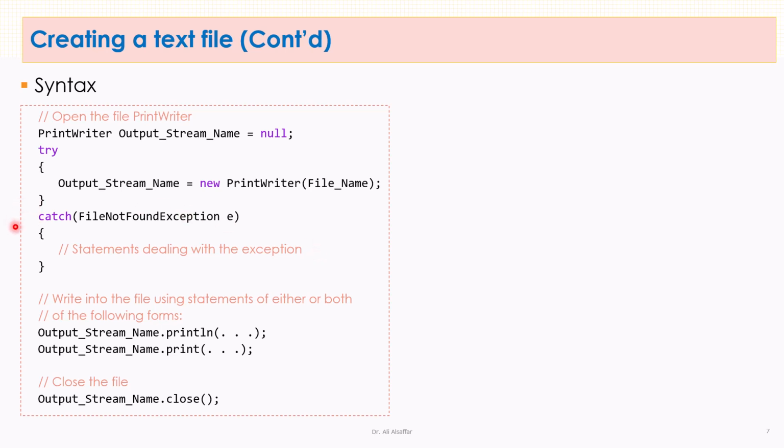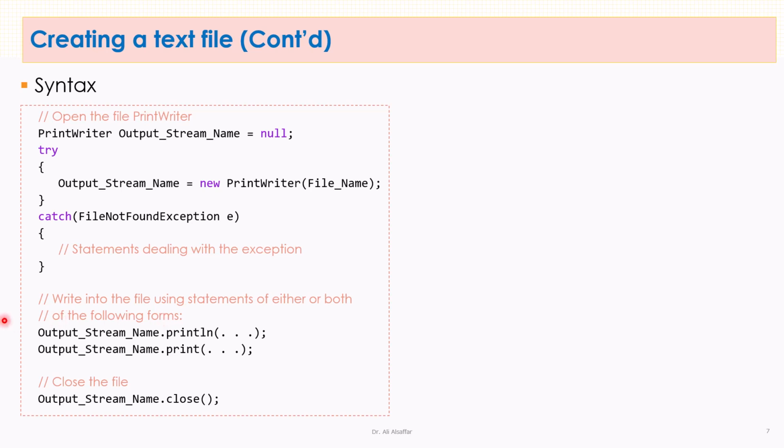After opening the file successfully, step 2, we write into the file. So we use the variable that we have defined for the output stream for writing into the file. We write the name of the variable, followed by dot, followed by print or println, whichever method you want to use to write into the file. And you supply the text or the string that you want to write into the file as an input parameter to println or print, similar to what we have done when we were printing on the screen using the System.out output stream.